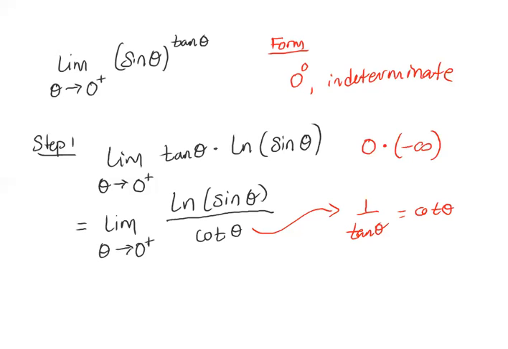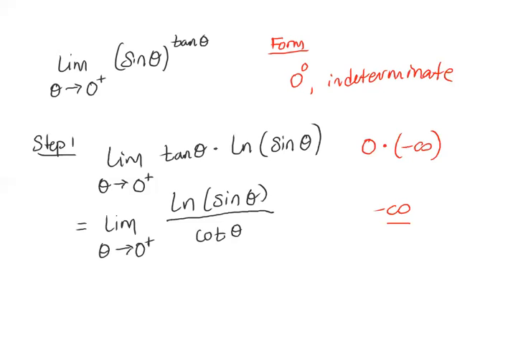Okay. I should check the form. So let's do that. Let's check the form. We already know what the top is: as theta approaches 0 from the right, natural log sine of theta approaches negative infinity.